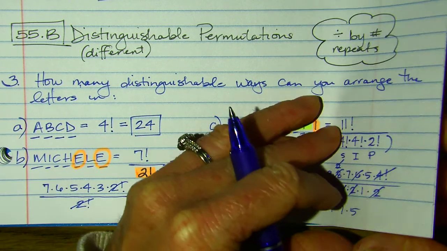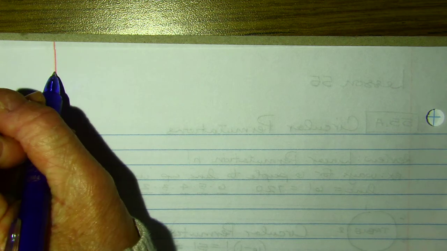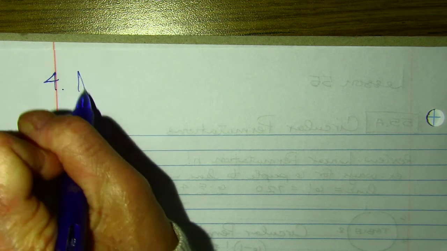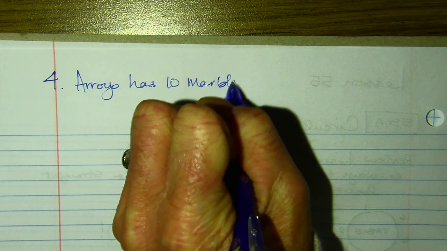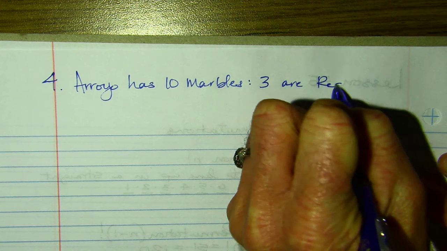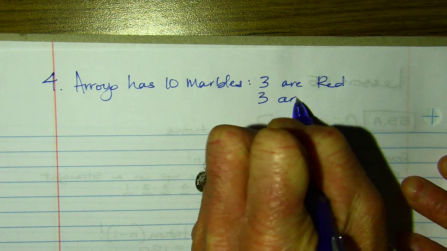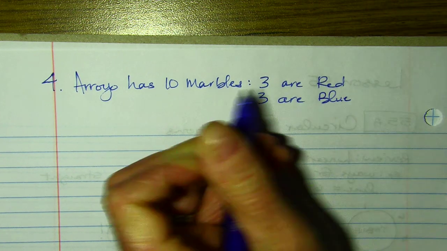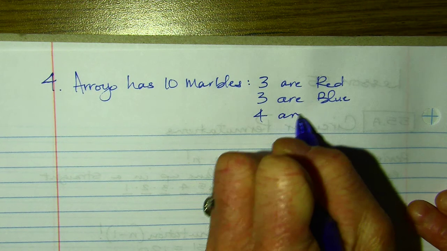I'm going to move on to another example that is slightly different than that, but is operated the same way. So I think we're on example 4. So let's say Arroyo has 10 marbles. 3 are red, 3 are blue, and 4 are green.